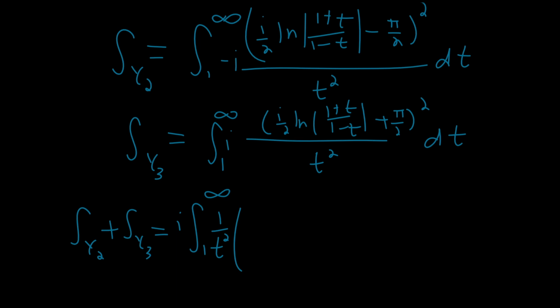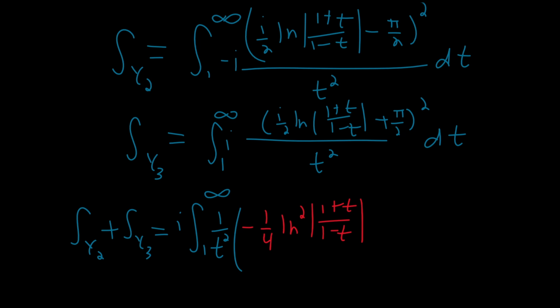So this first term squared is going to be, we're adding them together, but because of the different signs, it's as if we're taking this bit and subtracting it from this bit, like minus the negative. So we have i squared over 4, which is just negative 1 over 4, natural log squared of the absolute value of (1 + t)/(1 - t).